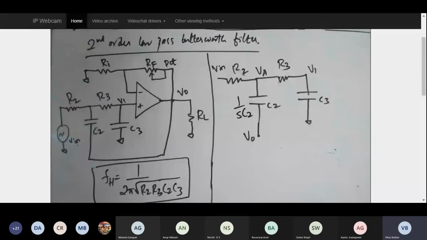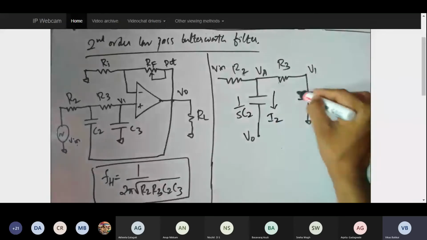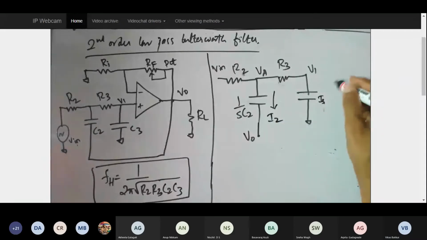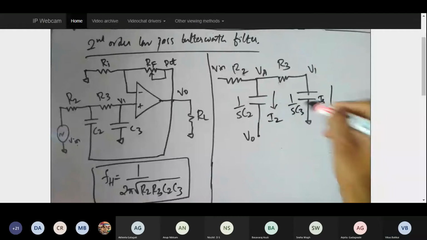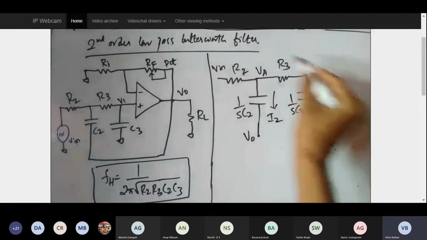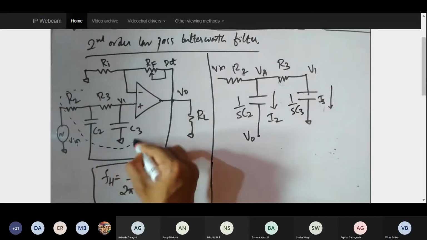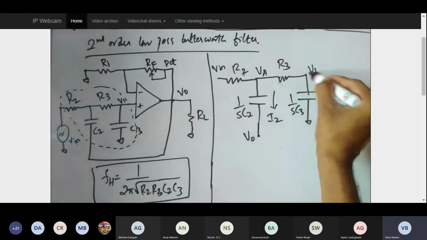1 by SC2, and the current, let's say the current flowing over here is I2, and let the current flowing here be I3, and the voltage across this is 1 by SC3. This is nothing but the extraction of this particular point. See the dotted one which I have marked over here, and whatever is the voltage that will be entering the op amp.